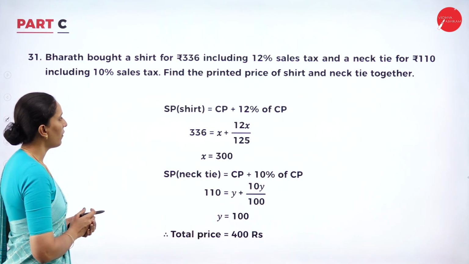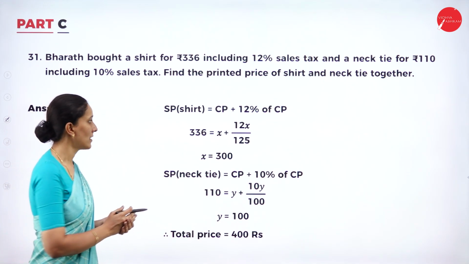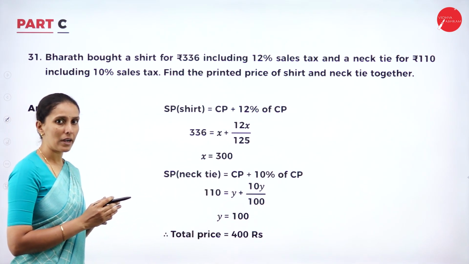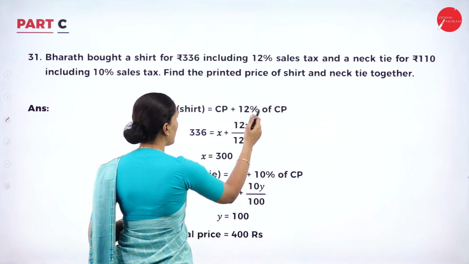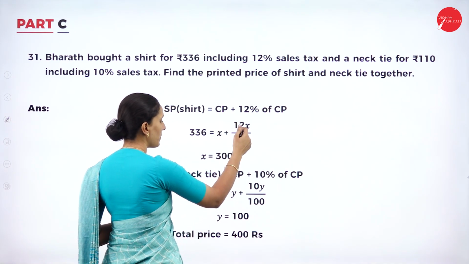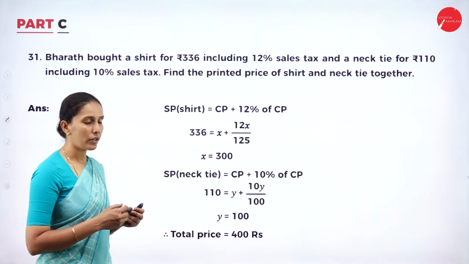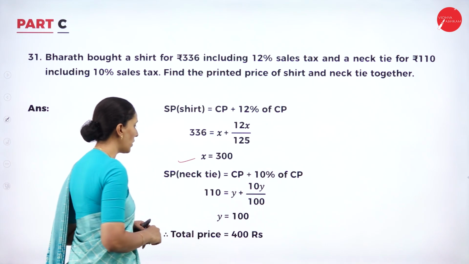Now, we have a formula that is selling price is always the cost price plus sales tax. So, cost price can be also considered as the market price. Selling price is given 336 and 12% of CP, I have taken CP as X, cost price as X. So, which is 12% of X. So, therefore, you will get 112 by 100 X. So, when you solve, you will get X is equal to 300.